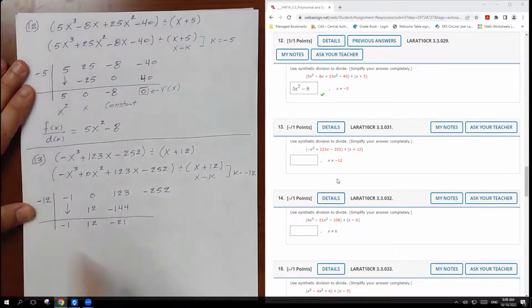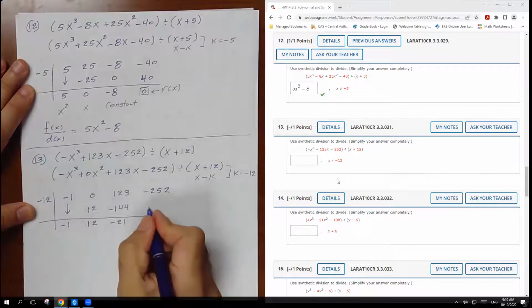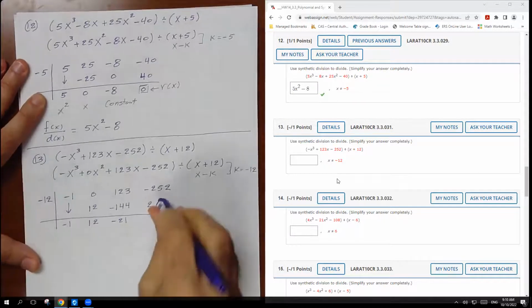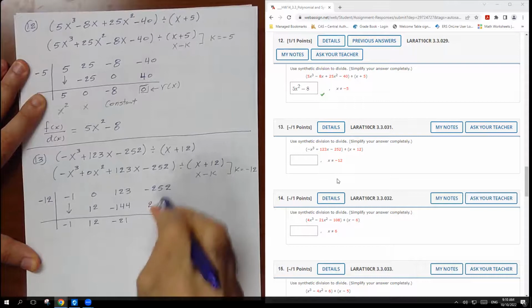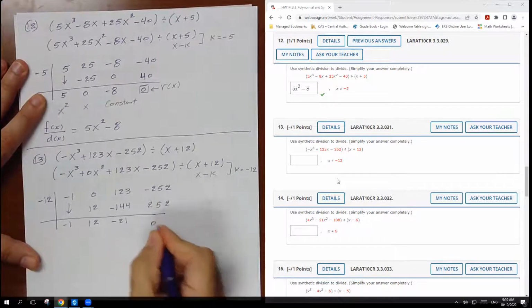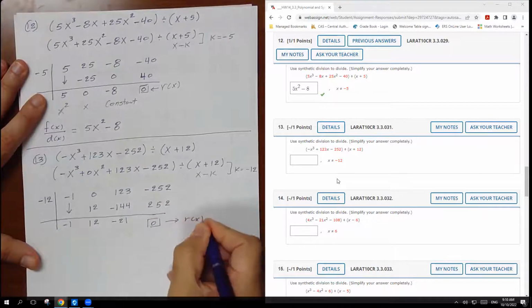Now let's multiply negative 12 times negative 21, which is going to be 252. It's going to be positive because negative times negative is positive. Add these together is going to be 0. So our remainder is 0.